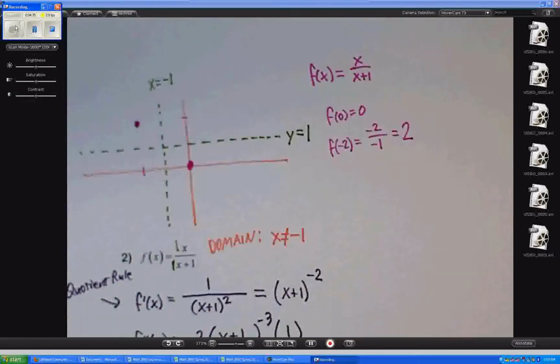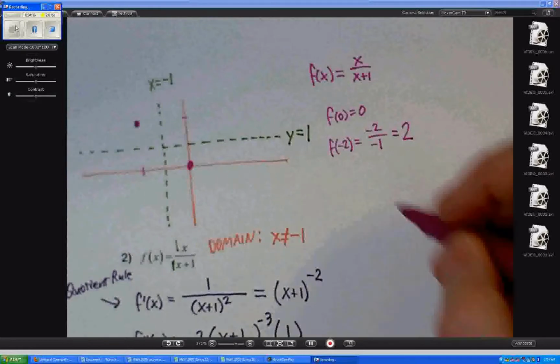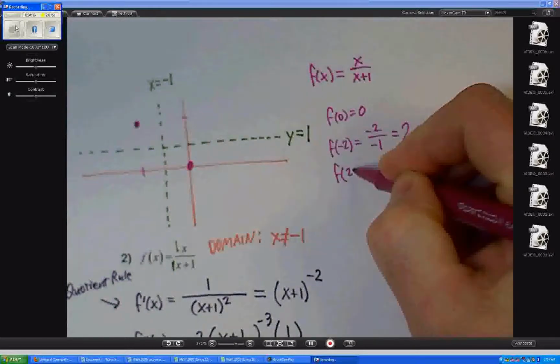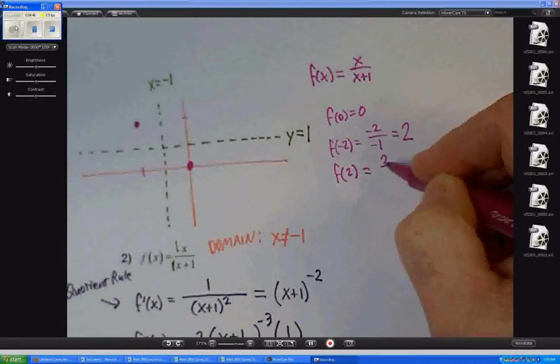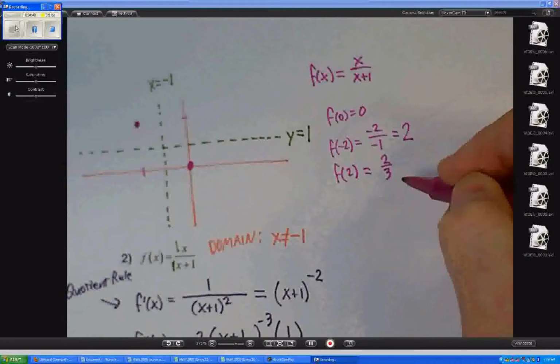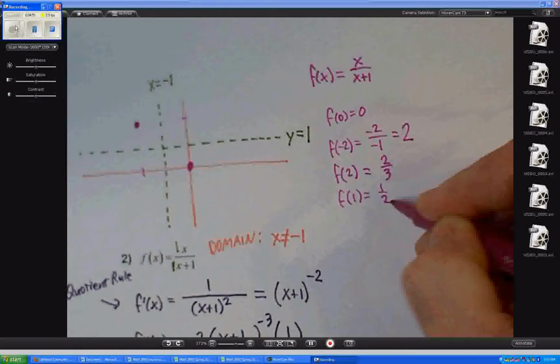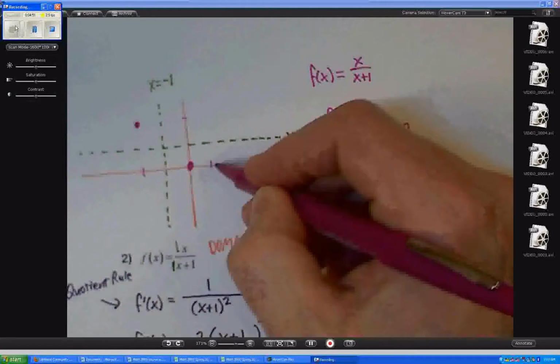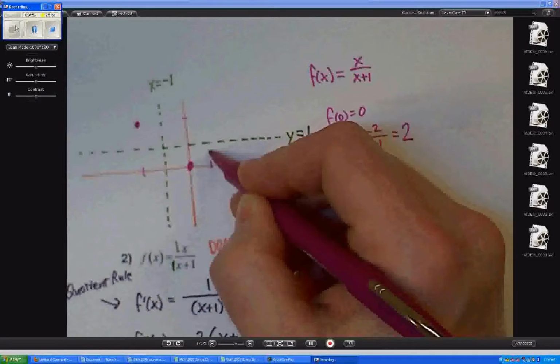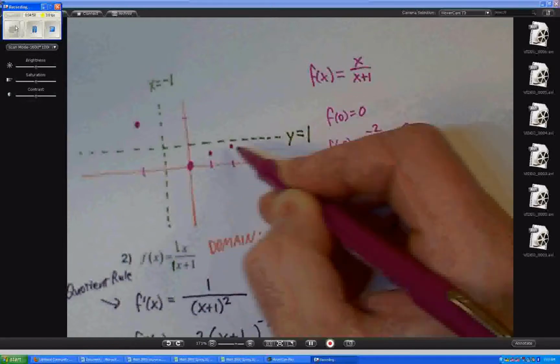You guys with me? Let me plot positive 2. Positive 2, what do I get? I get 2/3, right? Or positive 1, what do I get? 1/2. So I can start to see what's happening. It goes to 1/2, it goes to 2/3. Hey, Paul, you're not doing calculus right now, you're doing algebra.